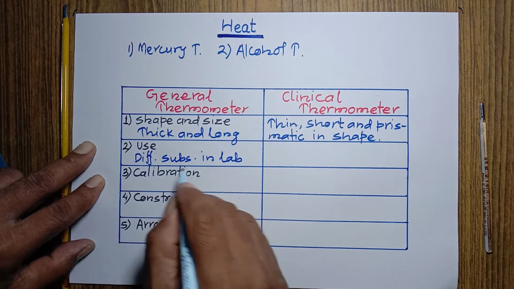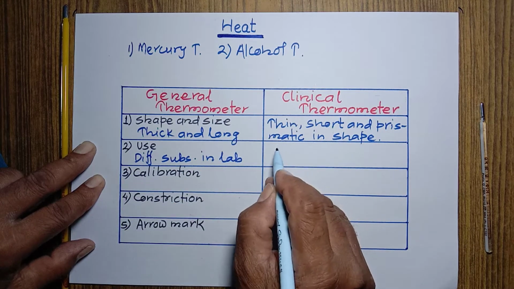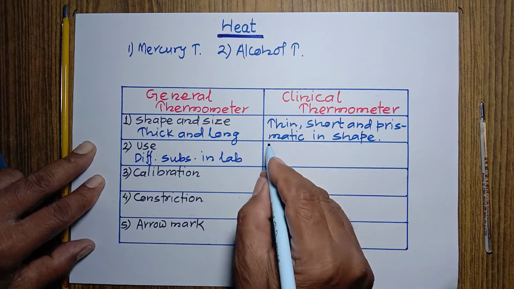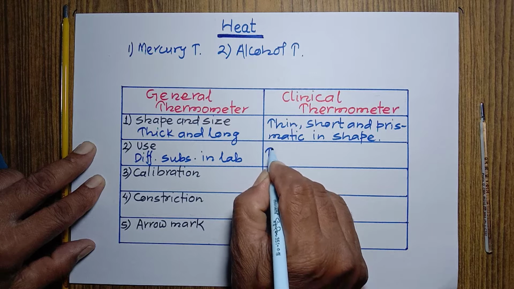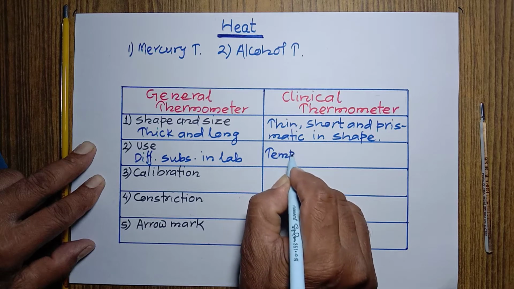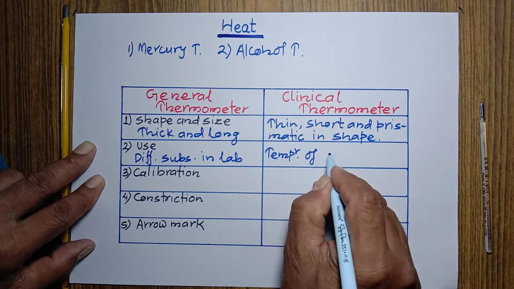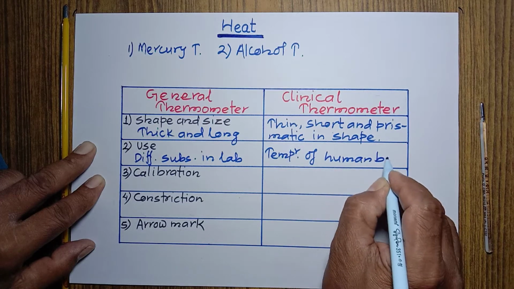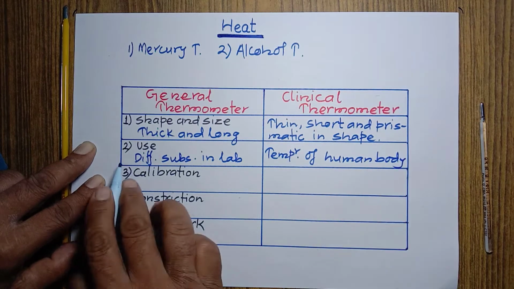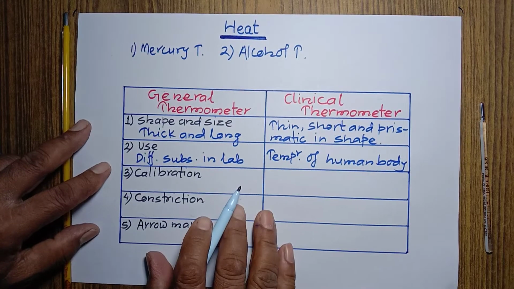I am writing very shortly, you can remember this. Now, for what purpose is this used? Clinical thermometer is used to measure temperature of human body. Okay, according to use, this difference can be written.